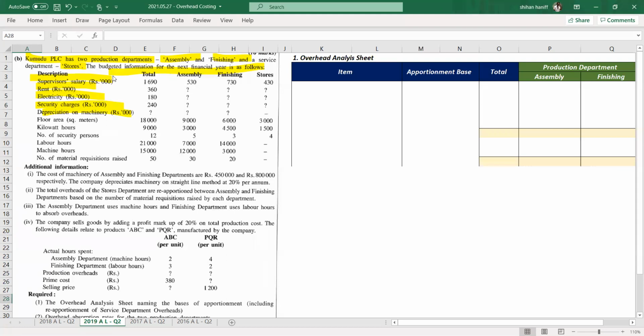Then they have given the bases: floor area, kilowatt hours, number of security persons, labor hours, machine hours, number of material requisitions raised.